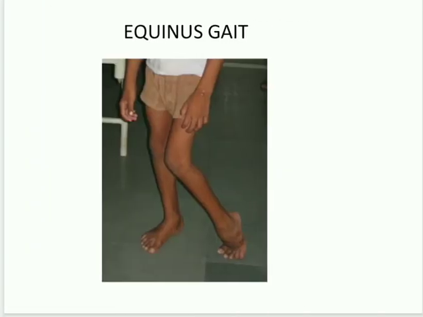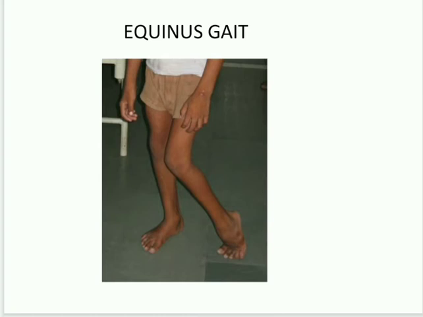Next, equinus gait. You can see in the picture, he is placing the leg on the toes. Hence, it can also be called toe walking. Usually you can see it in children, where it is also a habit. It is due to neuromuscular disorders, or muscle spasticity.